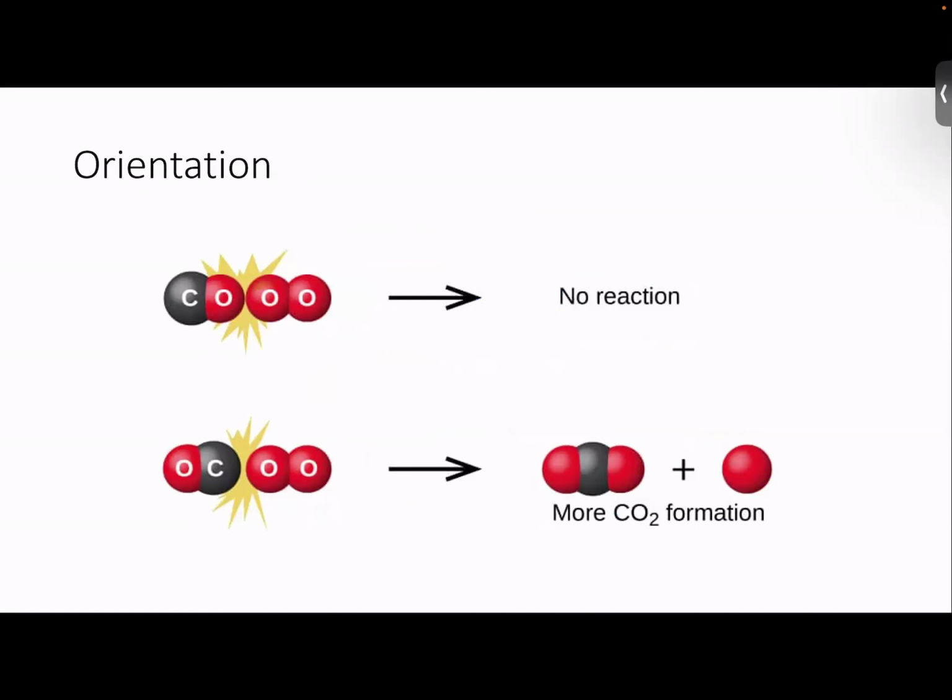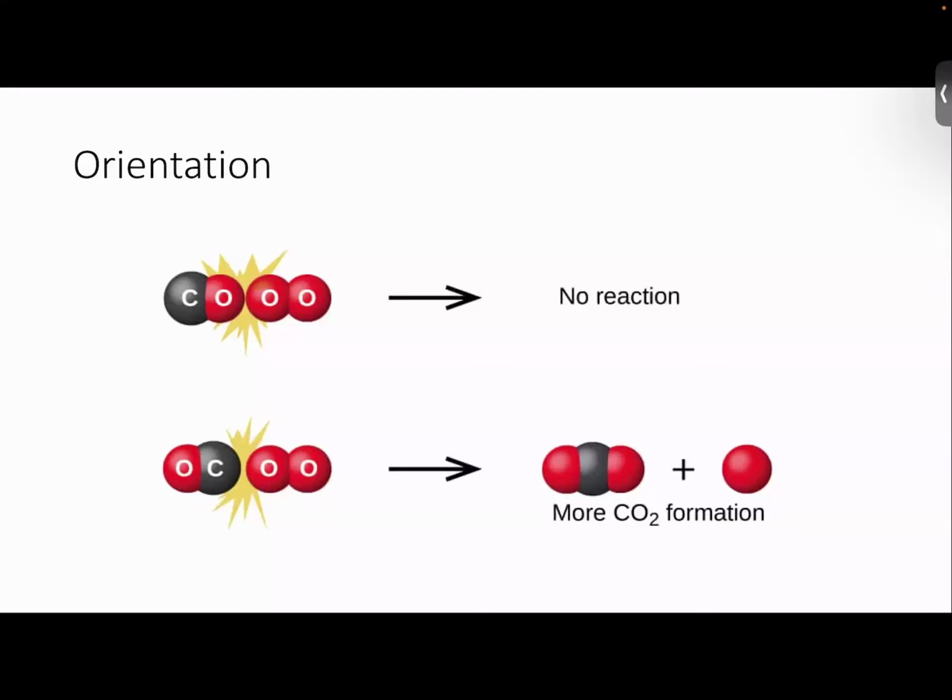The last thing that impacts collision theory is the orientation. In both examples, I'm reacting carbon monoxide with an oxygen molecule. In the top example, when the carbon monoxide collides with the oxygen molecule, the oxygen of the carbon monoxide interacts with the oxygen of the oxygen molecule, which ultimately results in no reaction.